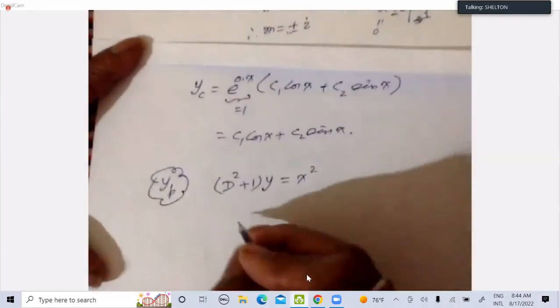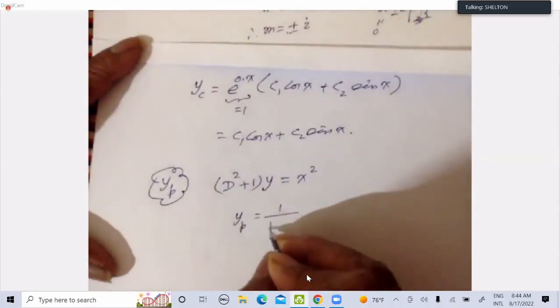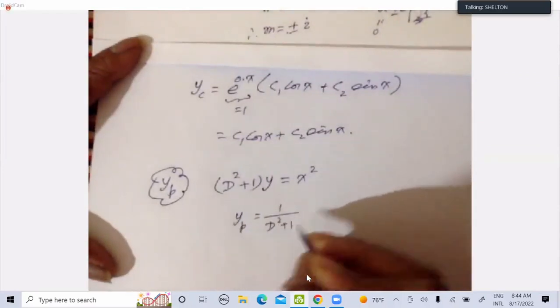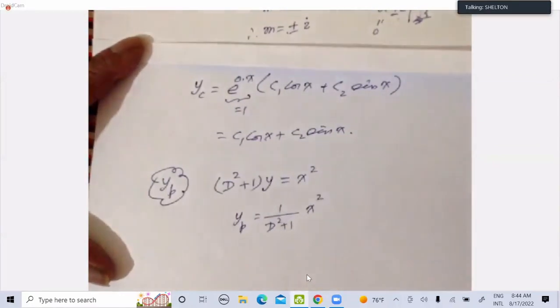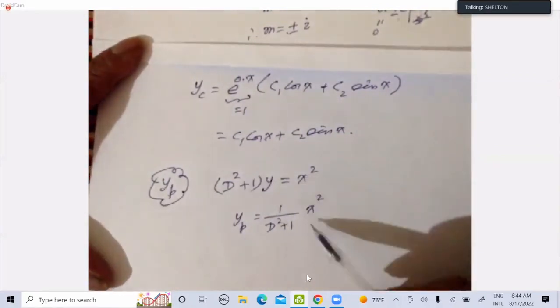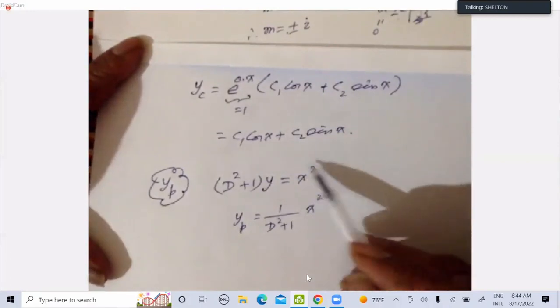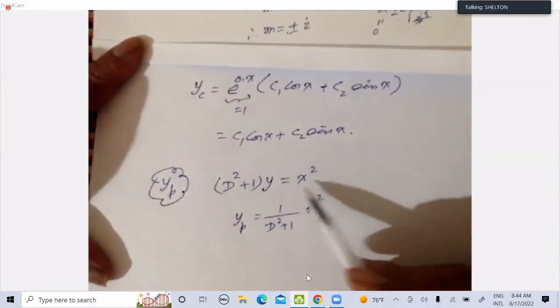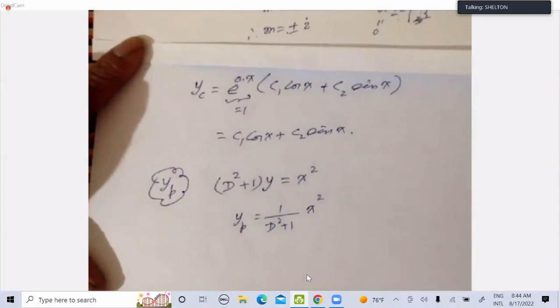So Y_P is equal to 1 over D squared plus 1 x squared. It's not e to the something, just a polynomial, a quadratic. I have taken a very simple quadratic, but you can have any quadratic there, or any polynomial for that matter.